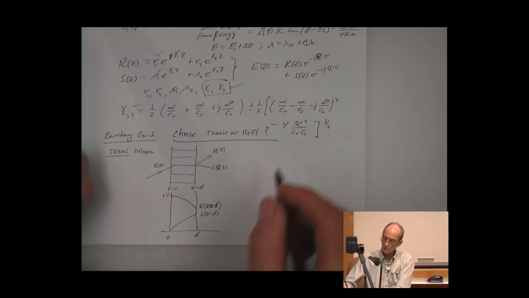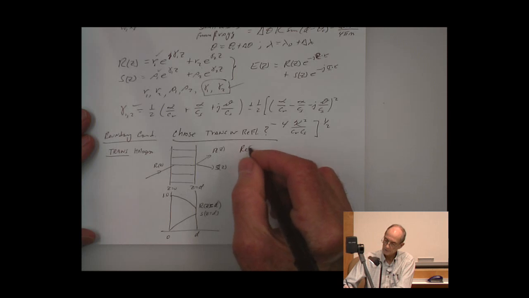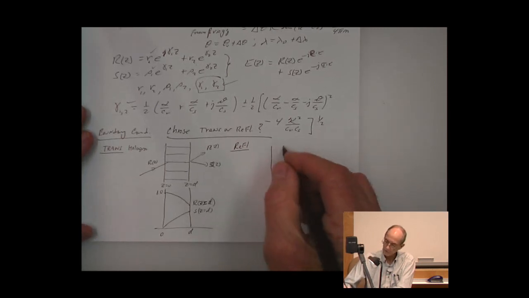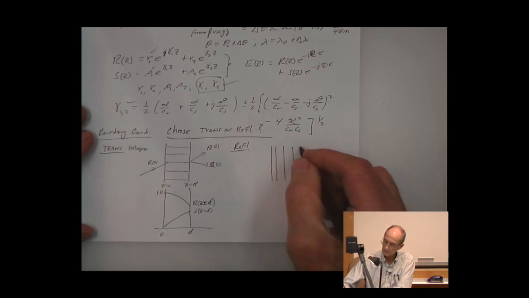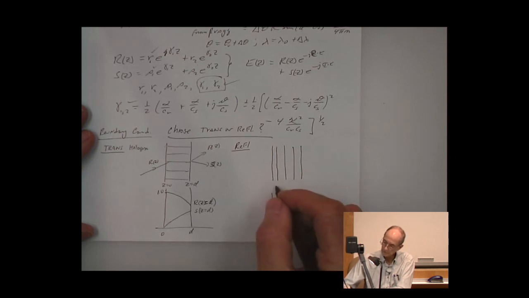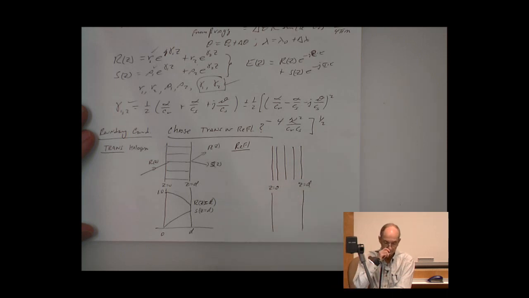And for the reflection case, we'll again consider an unslanted grating here. So here we have, again, z equals 0 and z equals d.